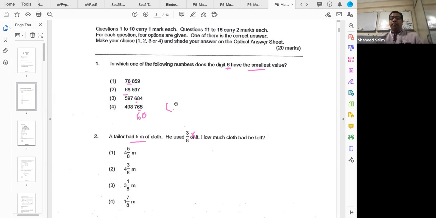What about the next one? This one, he used 3/8 of it. So how much is left? Use 3/8 of it. Come on, this one's quite easy. Izzat, you must be able to get this right. Shakil too.